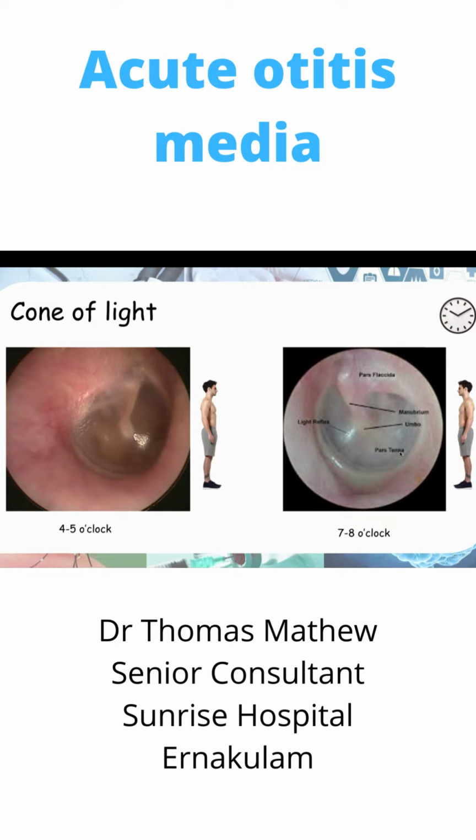Whereas if you are looking at their left ear, the cone of light will be in the 7 o'clock to 8 o'clock position. So if you want to remember, it is pointing anterior inferior to the person, to where the person is facing. That's the cone of light, right?